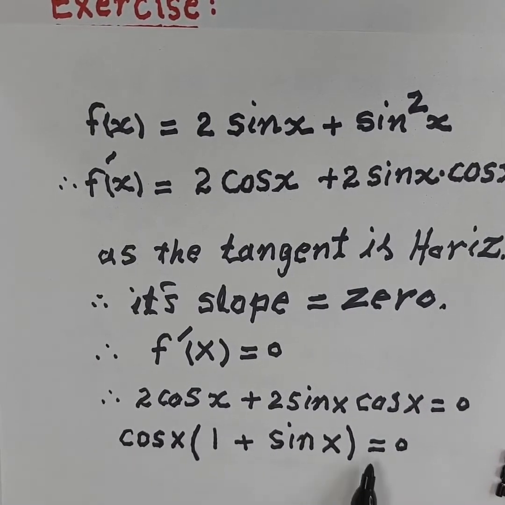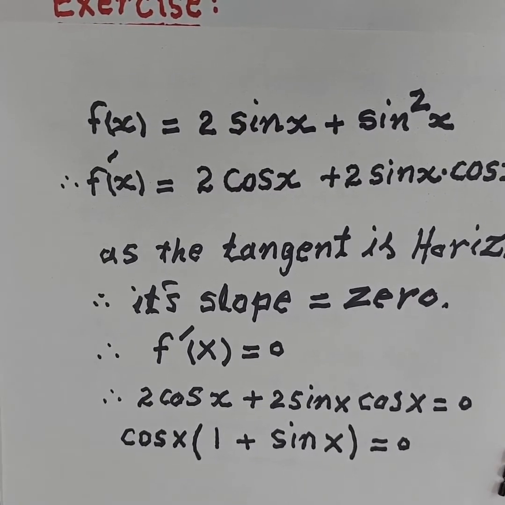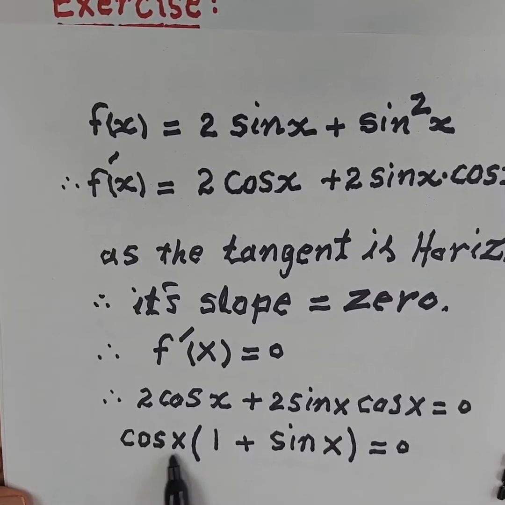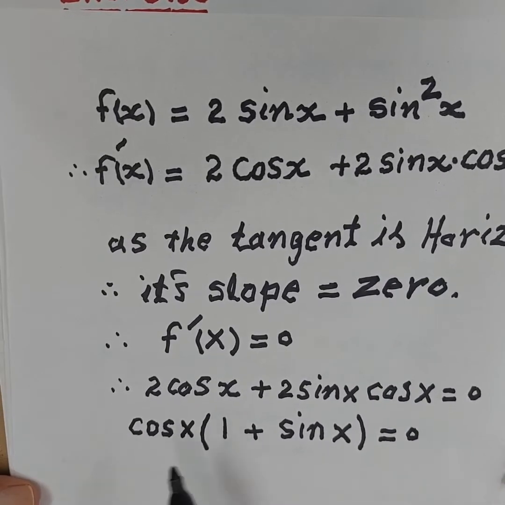Now we have an equation. We need to solve the equation to find the value of x. Here, two factors. This factor, we put it equal to 0, and this factor, we put it equal to 0. So we get two equations.